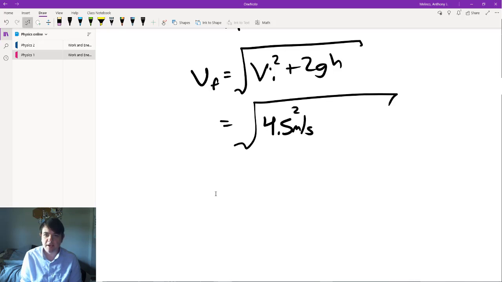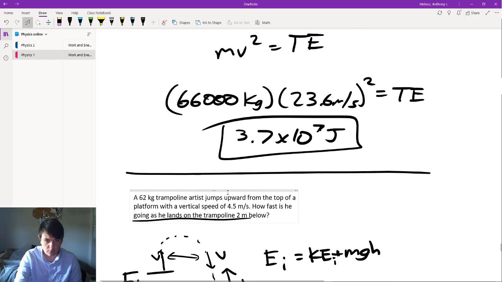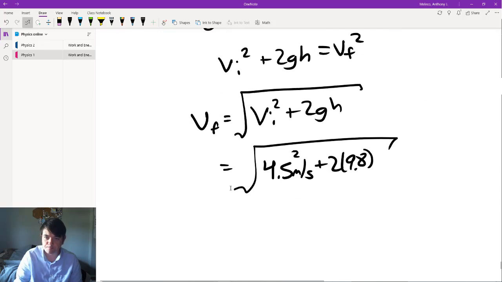We're going to square that guy, plus 2 times 9.8 times my initial height, 2 meters. So that ends up equaling, you do the math on that, 7.7 meters per second.